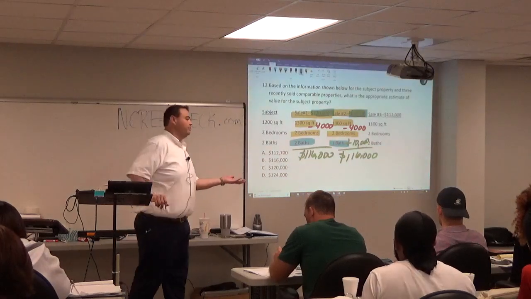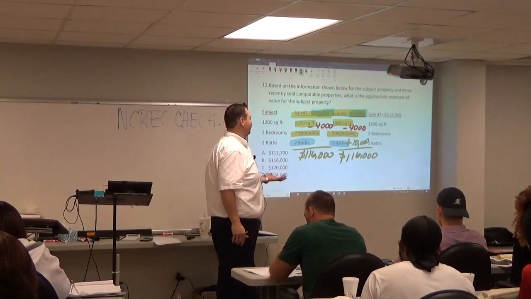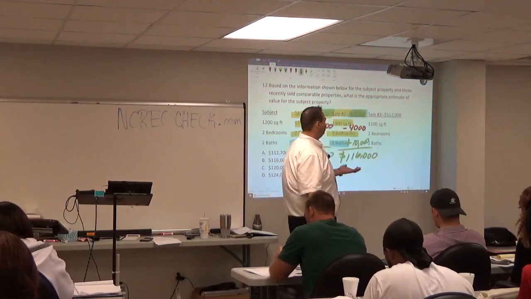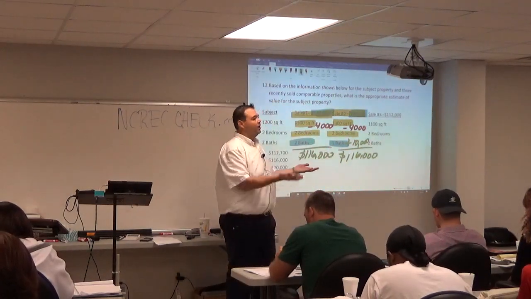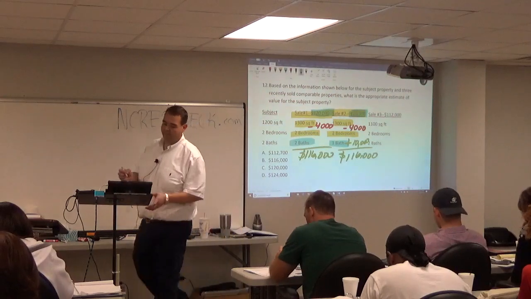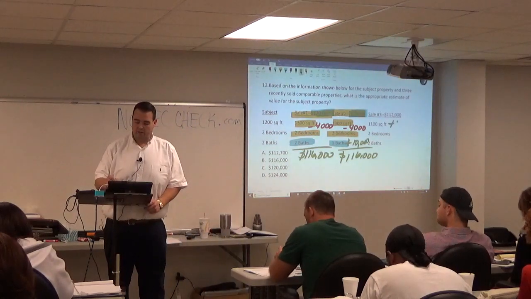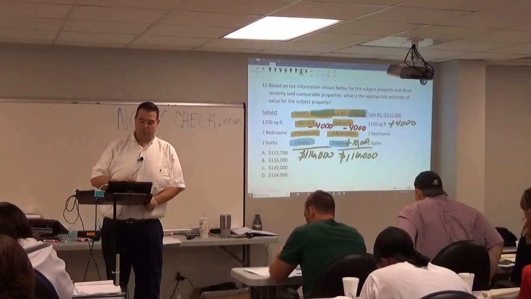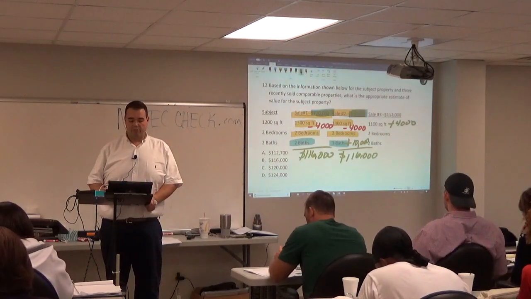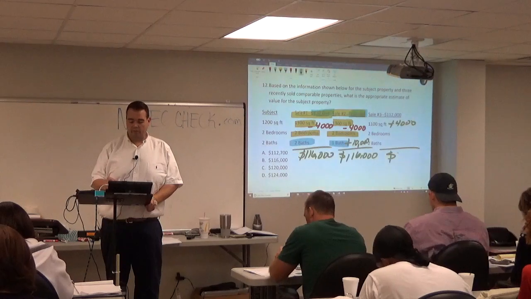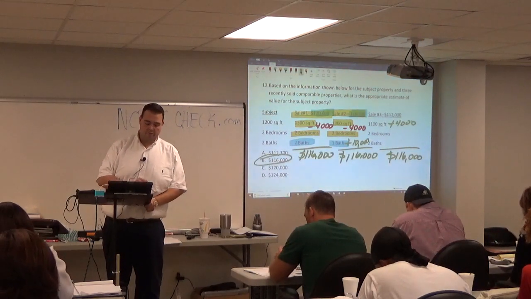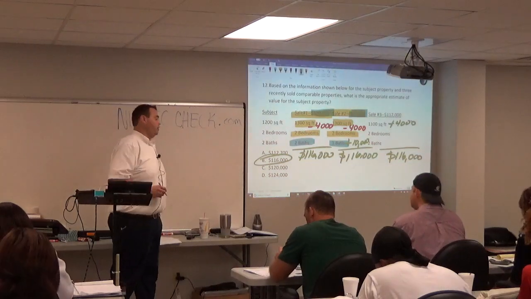Subject's how many square feet? 1,200. How many square feet in comp 3? 1,100. So which way do we need to adjust? Up by how much money? Plus $4,000. Do we need to adjust bedrooms? No. Do we need to adjust bathrooms? Nope. So what does that end up with? $116,000.